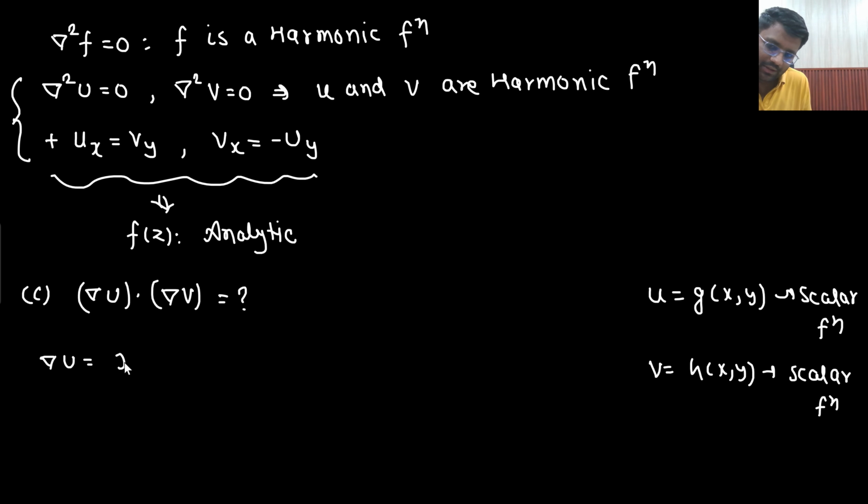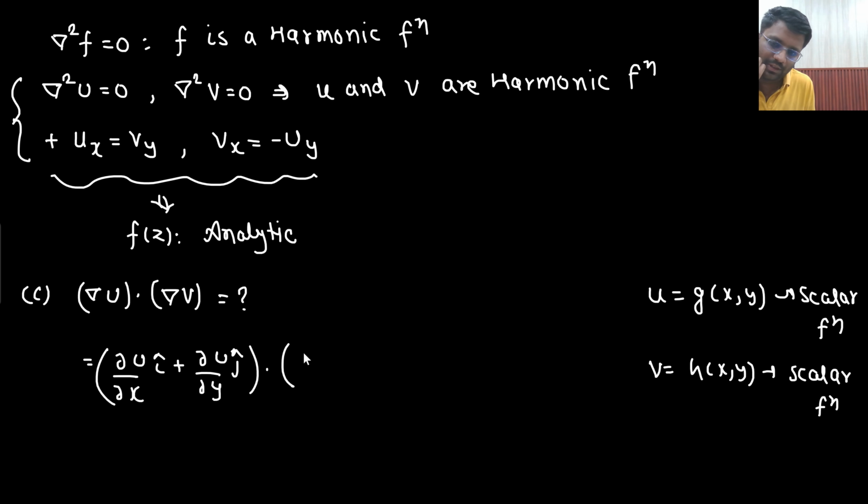What is the meaning of gradient? The gradient of u is del by del x u i cap plus del by del y u j cap, right? And we are doing the dot product with del by del x v i cap plus del by del y v j cap. Understandable? Now what will you be getting?